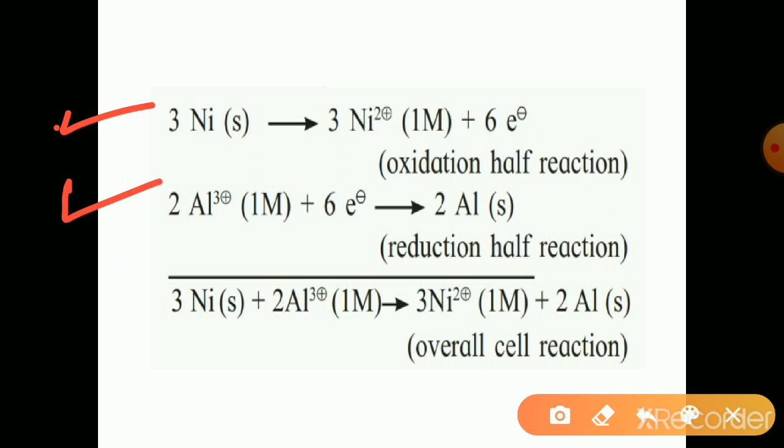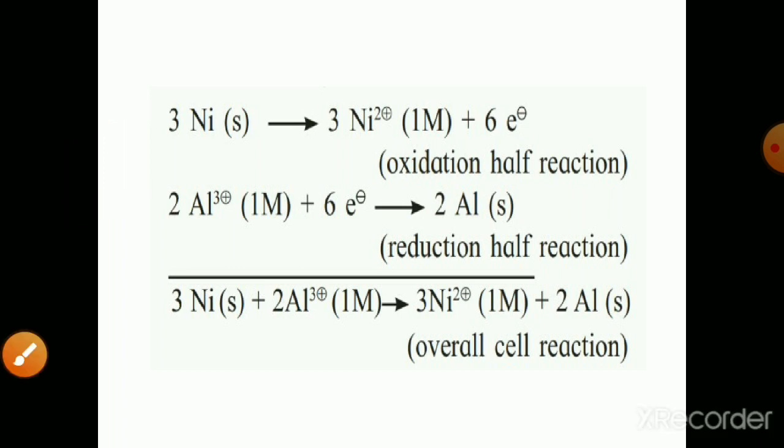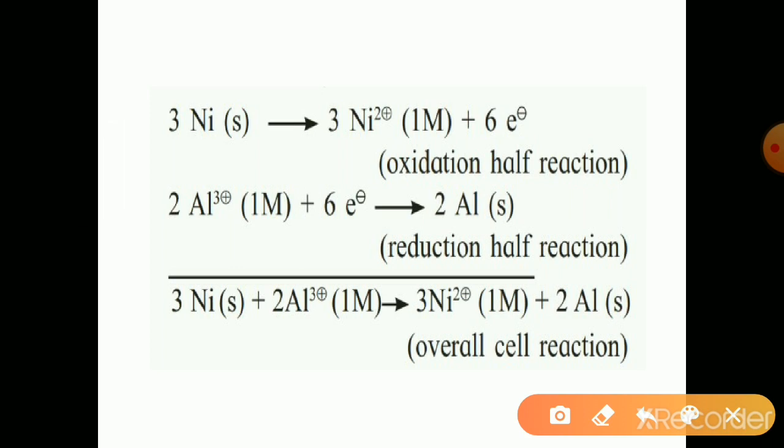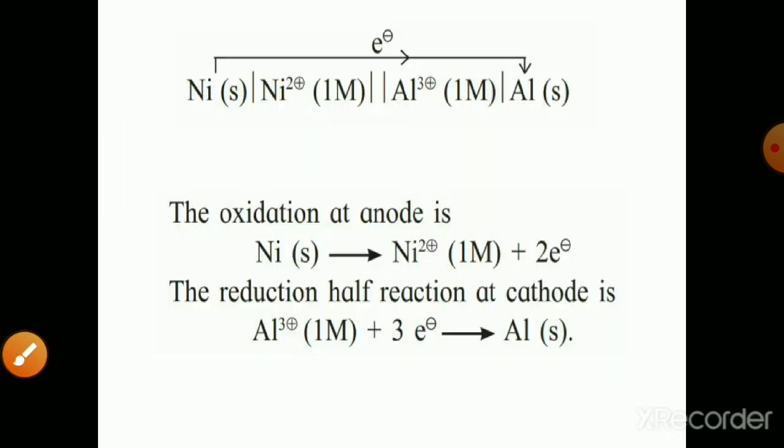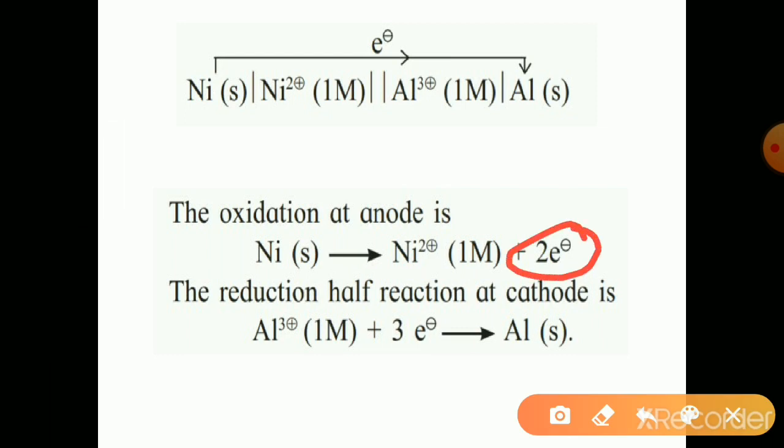Reduction as well as oxidation takes place simultaneously. So the total electrons lost must be equal to the total electrons gained. But here, we know that 2 electrons are lost and 3 electrons are gained.